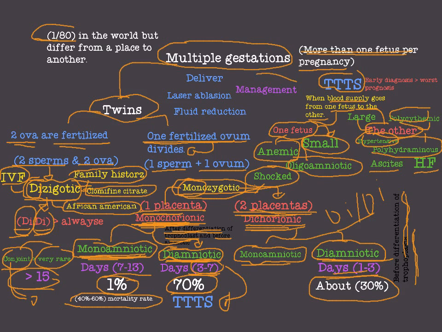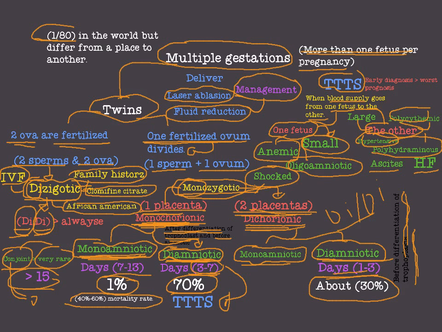Okay, what is the management of twin transfusion syndrome? First of all, we have to do fluid reduction to reduce the distension of the uterus and the abnormal contractions of the uterus due to overdistension. Okay, in severe cases, we may do what we call laser ablation.